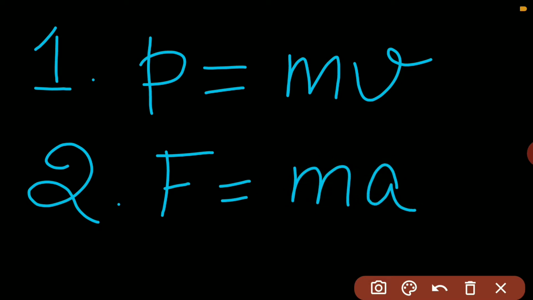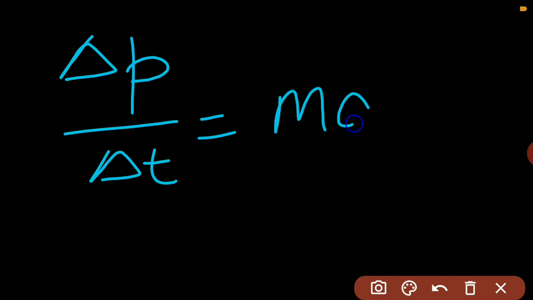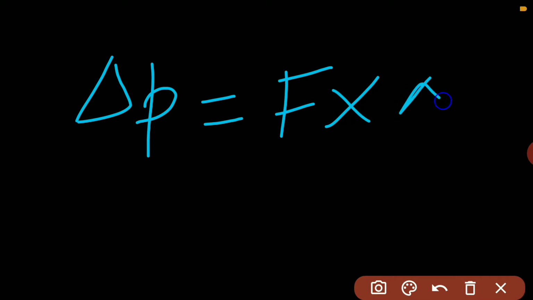There were a few more, like rate of change of momentum, which was also equal to mass into acceleration, and the last one, which was rate of change of momentum equals force into change in time, small time, del t, or simply you can write just t. So these were the few formulas which we learned.